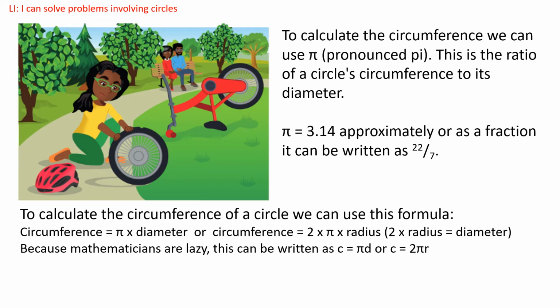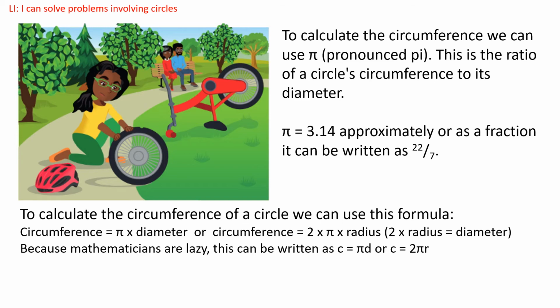Now, this is a bit where it becomes a little bit tricky because I'm introducing a new sign. Can you see that squiggly sign there? That's called pi. Now, pi is just a constant number that always stays the same, and it represents the ratio between the circle's circumference and its diameter.